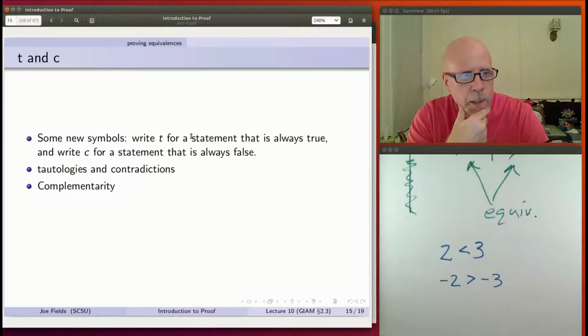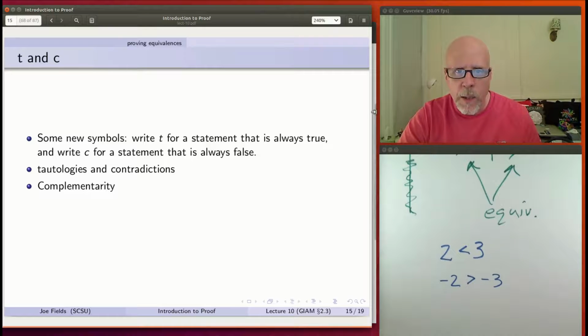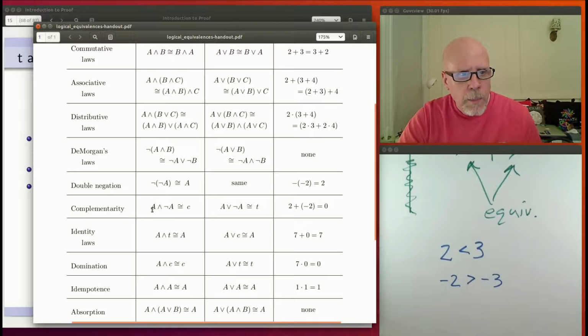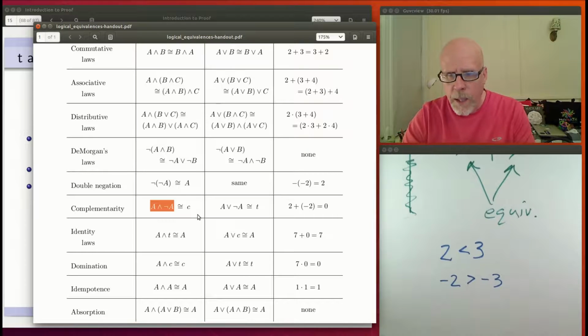So the 3 sentences coming up, one is called complementarity. Might as well look at it on the handout. Complementarity says here, A ANDed with not A is equivalent to C. Think about that. If you have an and statement that's surrounded by a logical sentence and the negation of that logical sentence, are you ever going to get true on both sides?